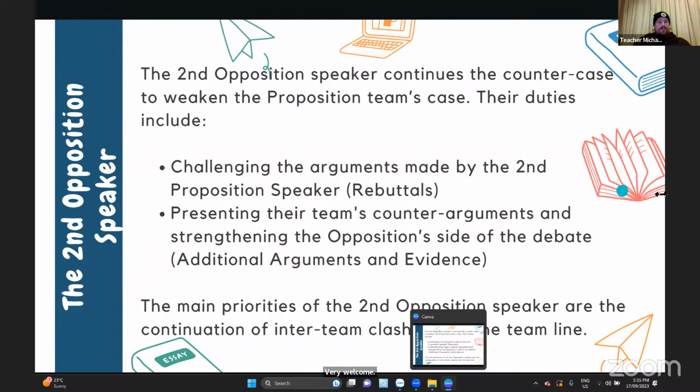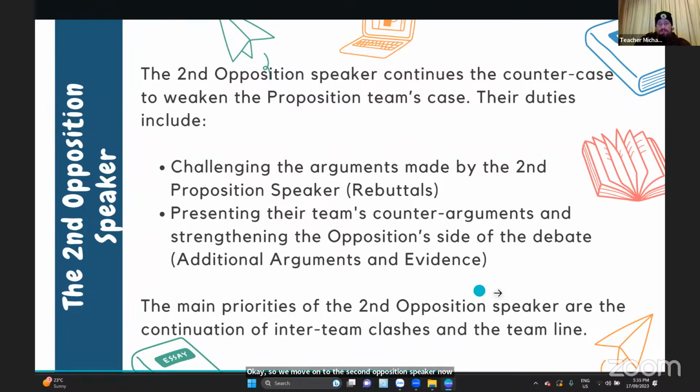Okay, so we move on to the second opposition speaker now, and they have a very similar role to the second proposition speaker. It's the second opposition speaker's job to continue the counter case to weaken the proposition team's case. Their duties include challenging the arguments made by the second proposition speaker, so again, that's just rebuttals to their arguments.